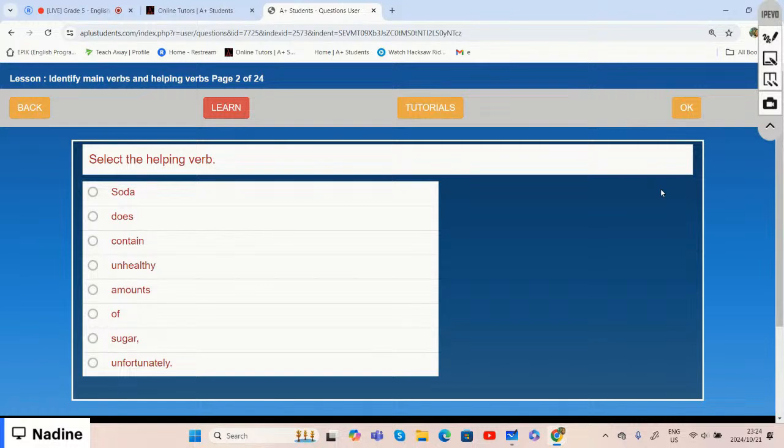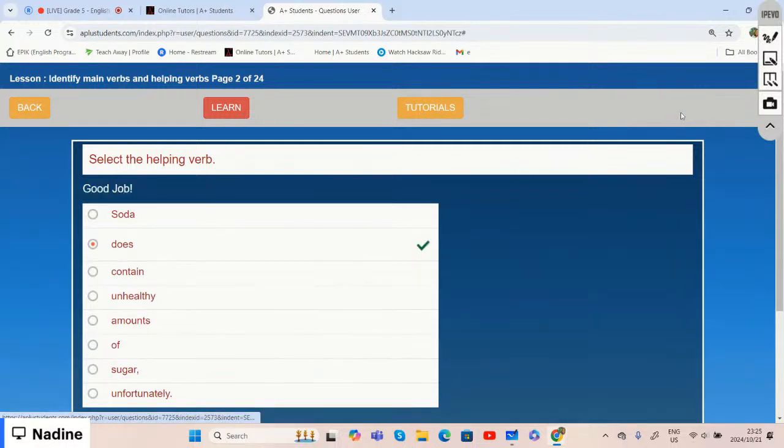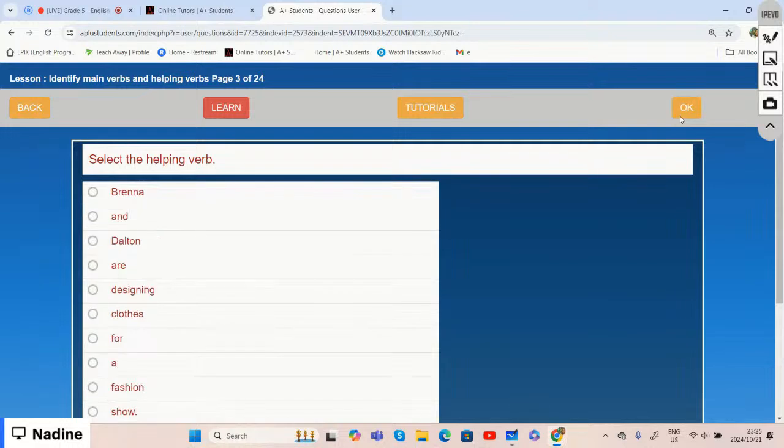And if we were to select the helping verb within that sentence, firstly, our main verb, we can say it is contain, and then the helping verb is does, because it does contain. So does contain. So does is correct. Well done. Does is correct.